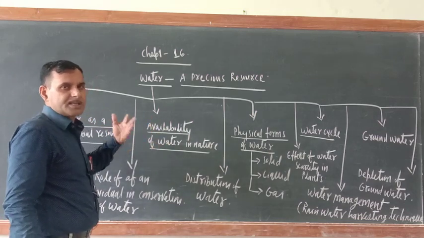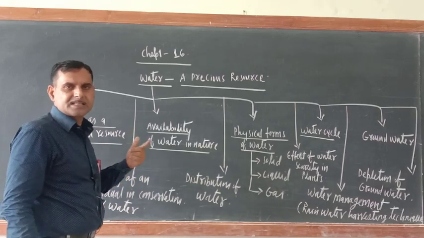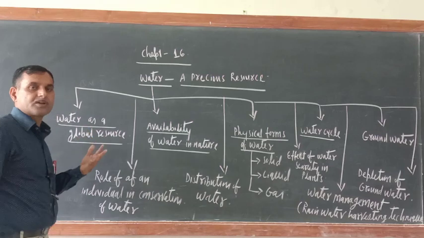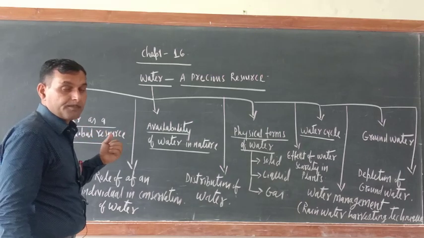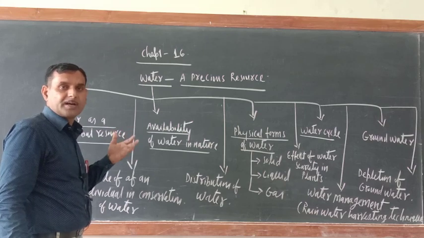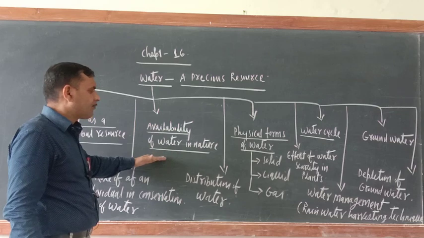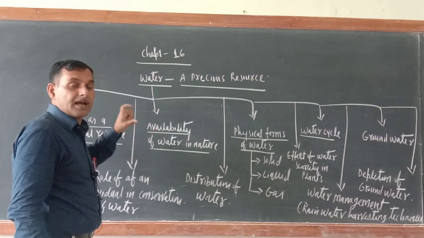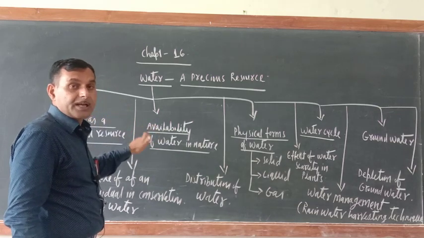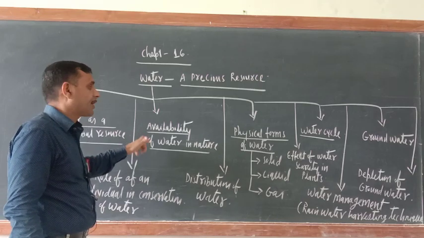Of course water is present everywhere, 70% of this globe is filled with water. The question arises here, how much water is potable water, fit for drinking? We will discuss the availability of water in nature particularly in the context of potable water, or water which is fit for drinking.